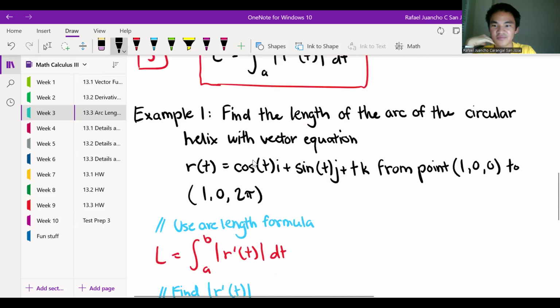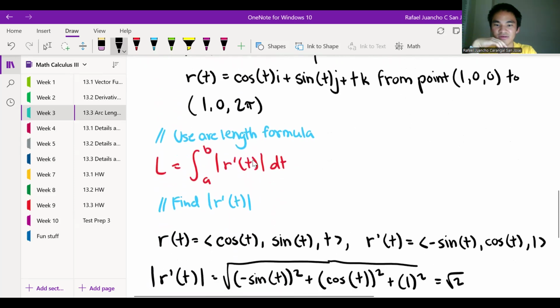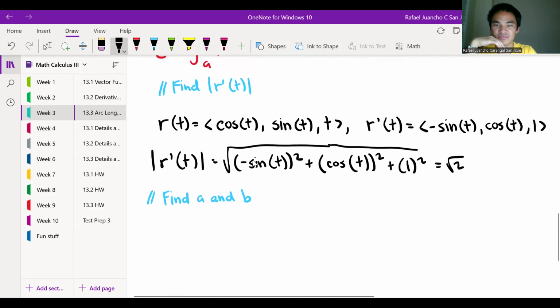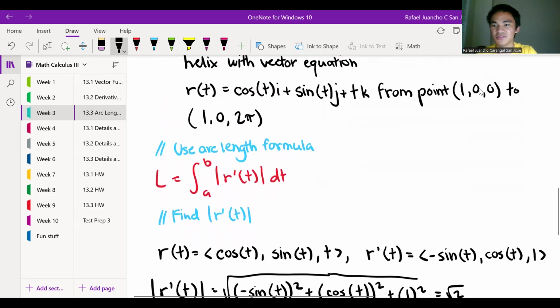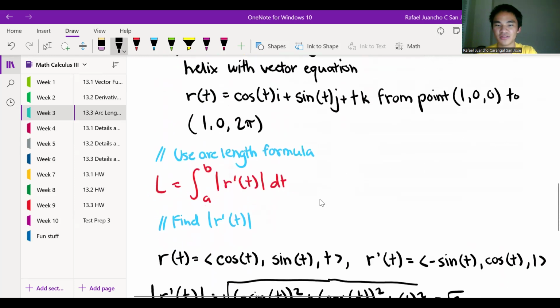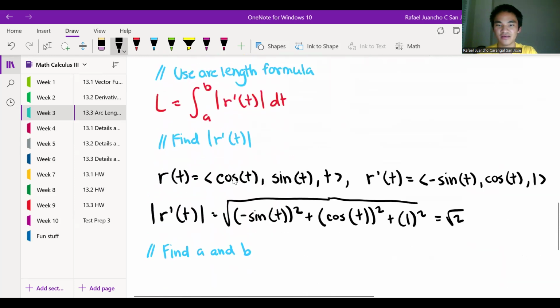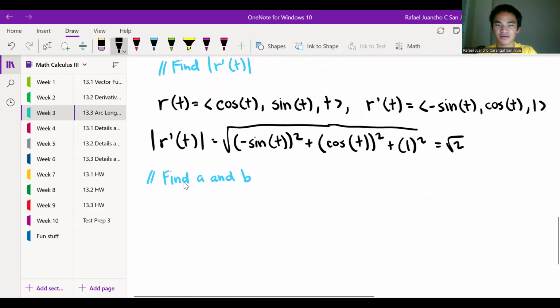And then I find the corresponding t. So what I'm trying to say is, to get to this point, what t should be in my vector function, right? So maybe, okay, let's look at that.